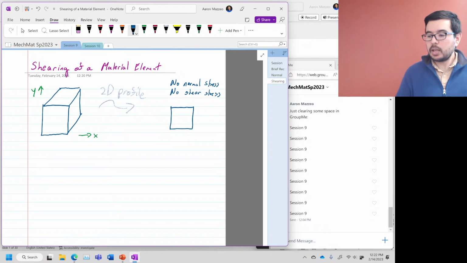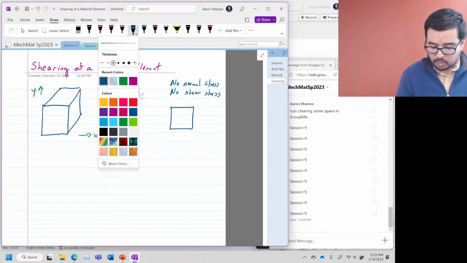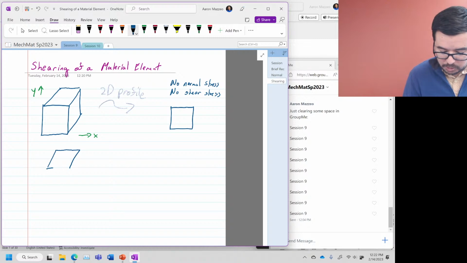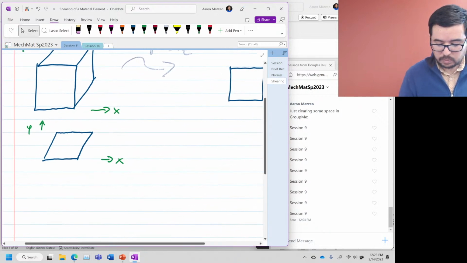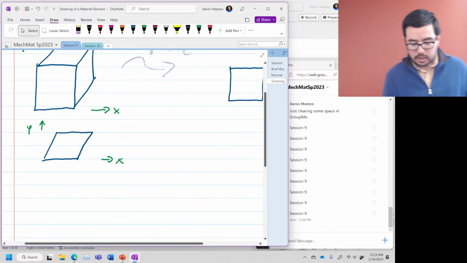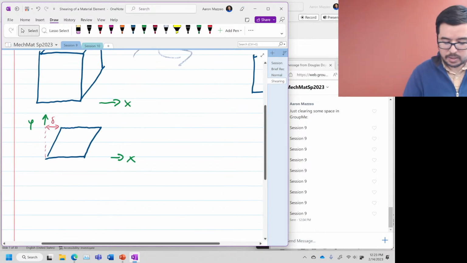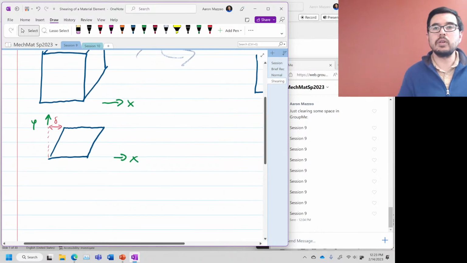Okay? So if we take what we have here and we just say, okay, I am applying some type of shear to this element. That's the y, that's the x. And the displacement here, this delta, by which I've sheared, okay, is going to be relevant to the shear strain that we have, right?